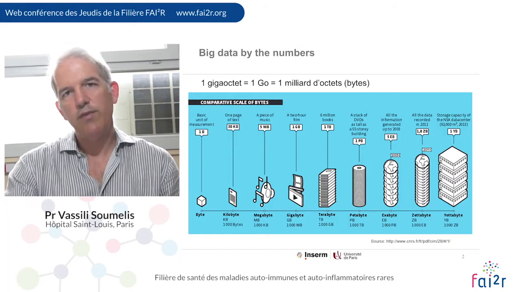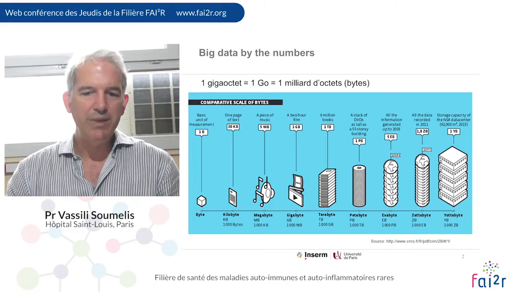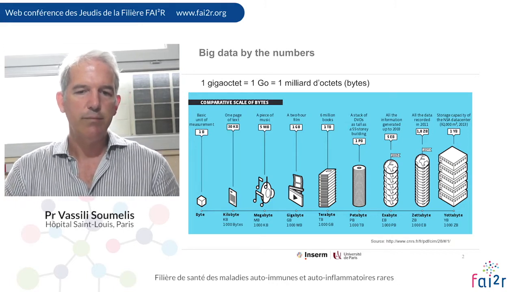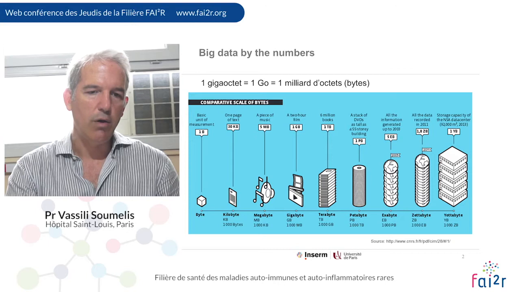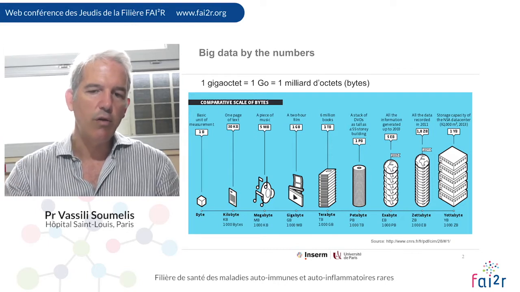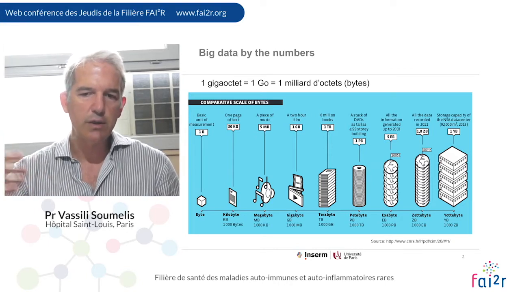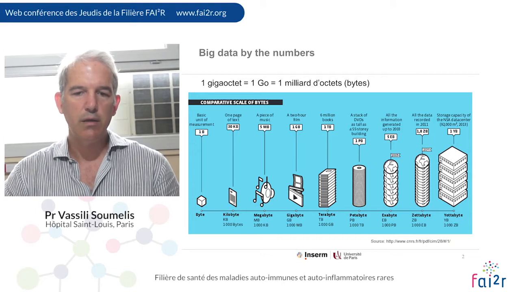So I start with this very classical view of big data by numbers, and we can all be very impressed by the volume and the velocity at which these data are being generated.